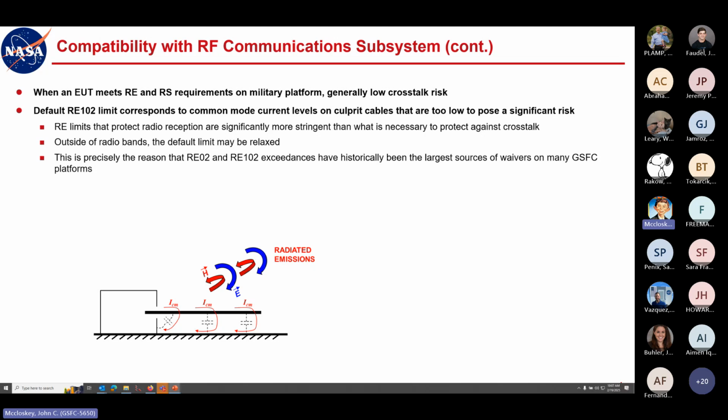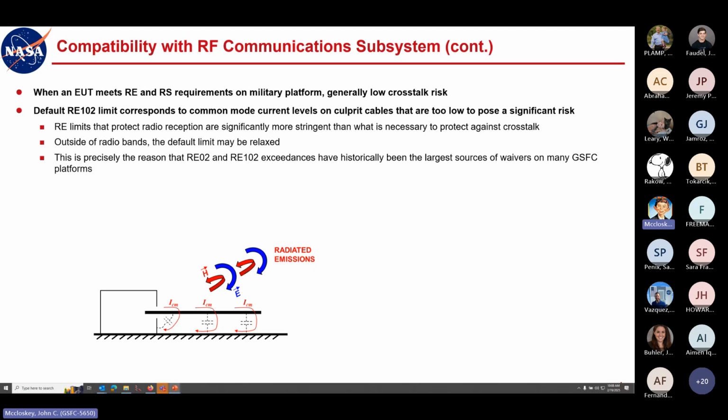RE limits that protect radio reception, which is the raison d'etre of RE102, are significantly more stringent than what is necessary to protect against cable-to-cable crosstalk, which makes sense, right? Your radio receivers are by design your most sensitive victim on the platform. They are specifically designed to be sensitive to very low RF signals.